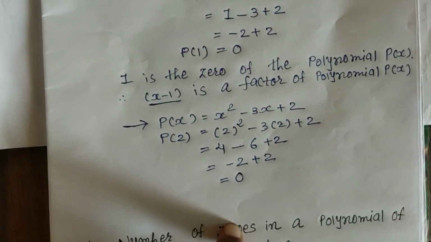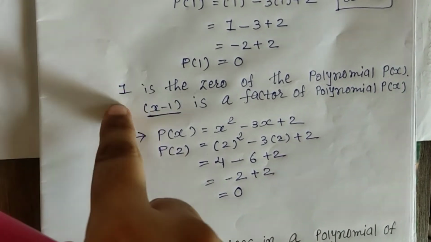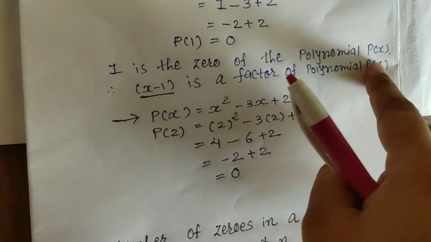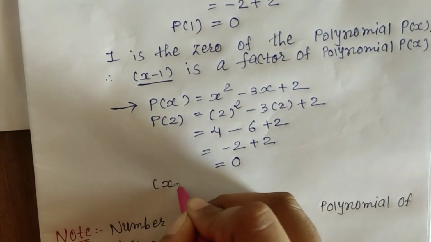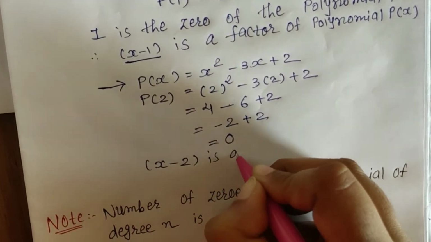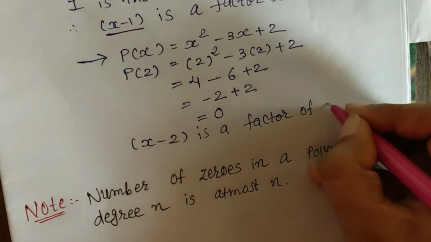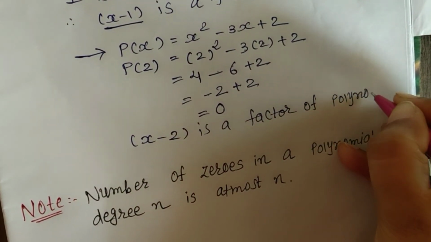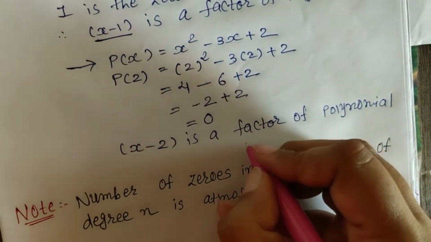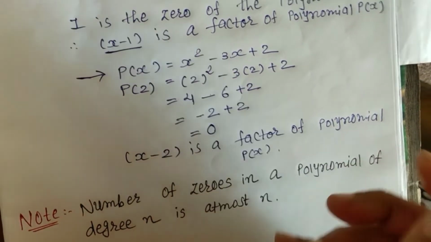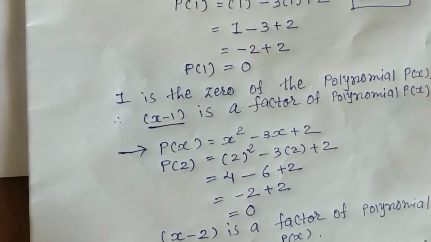So we can also say that 2 is also a zero of the polynomial, and here x minus 2 is a factor of polynomial p of x. So this is the zero of the polynomial.